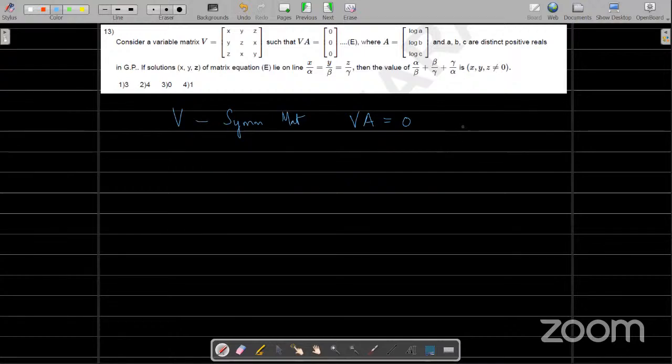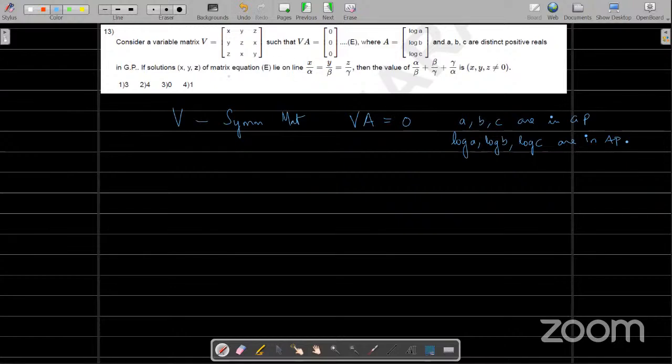If a, b, c are in GP, we had a problem earlier which we discussed, that the corresponding logs of these numbers will be in AP. That is to be kept in mind.